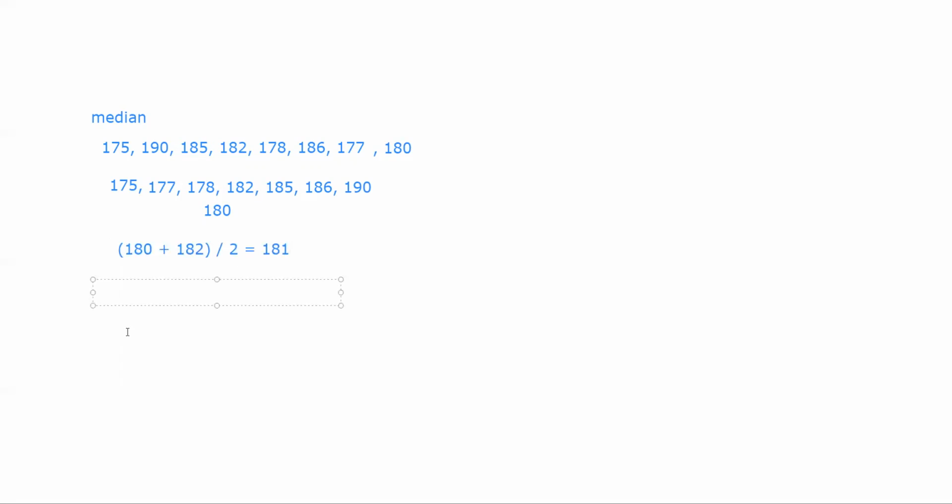We can compare it with the mean value that would be equal to the sum of all these numbers, that is 1453, divided by the total number of entries, that is 8. So if you divide 1453 with 8, that would be equal to 181.6.